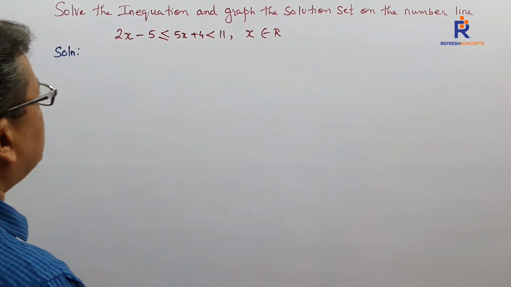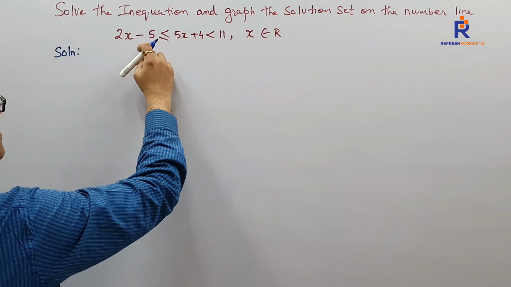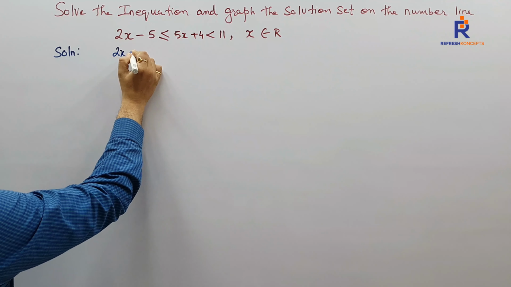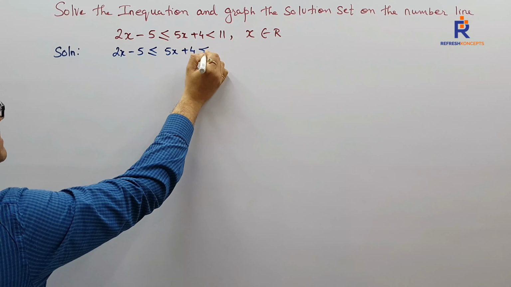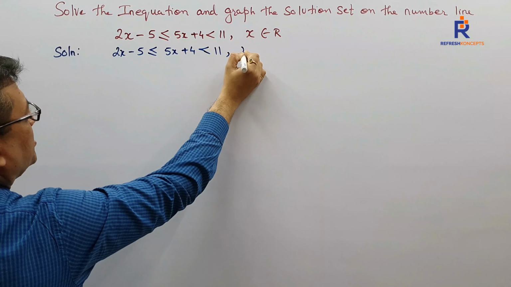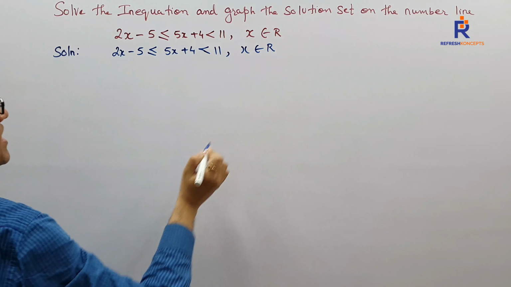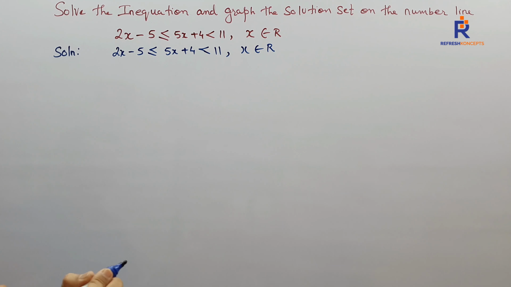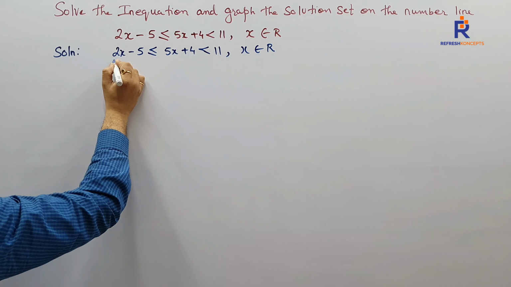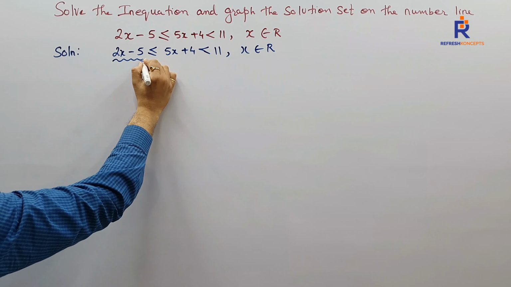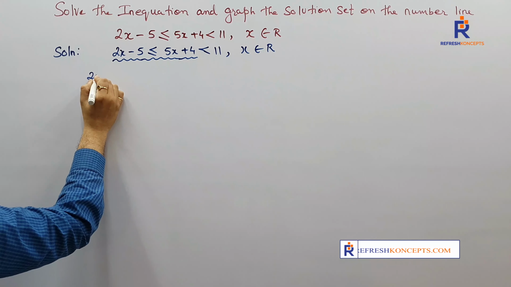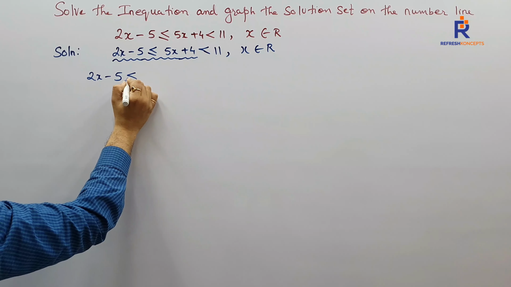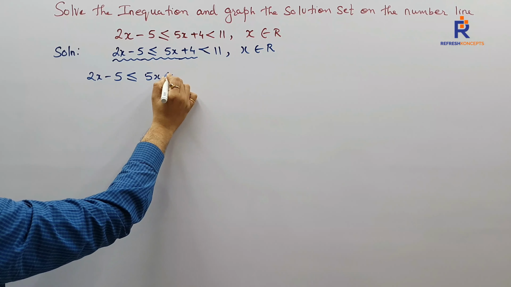Let's see what the picture is. 2x minus 5 less than or equal to 5x plus 4 less than 11. I have written x belongs to real numbers. I have written down the question. Now our sum starts. As I stated, first we shall take the first inequality: 2x minus 5 less than or equal to 5x plus 4.